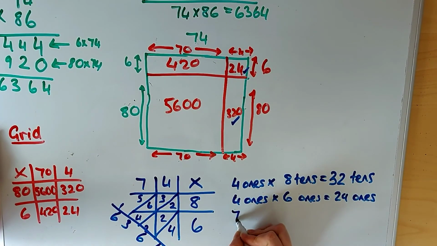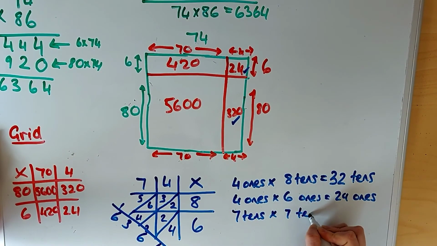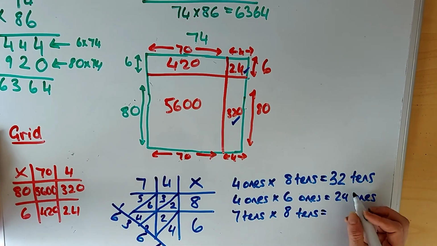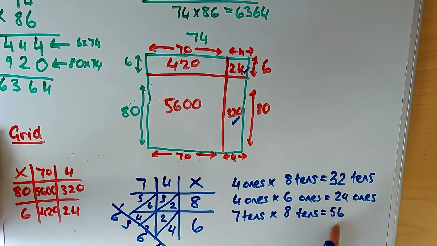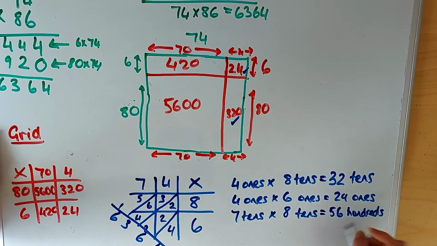This one is 7 10s multiplied by, oh, not 7 10s, 8 10s, because it's 70 and 80. So that will give me 56. Now it's not going to be 10s because 10 multiplied by 10 is 100. So 56 hundreds, which is 5,600.